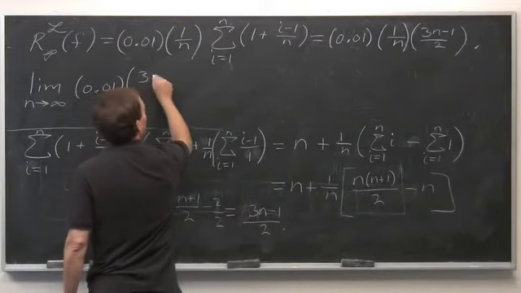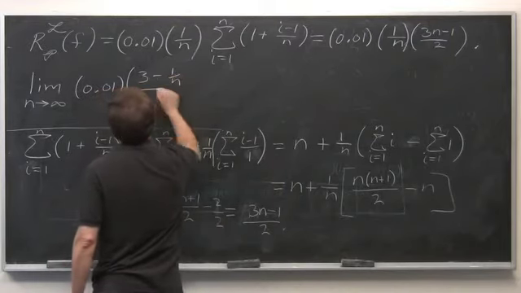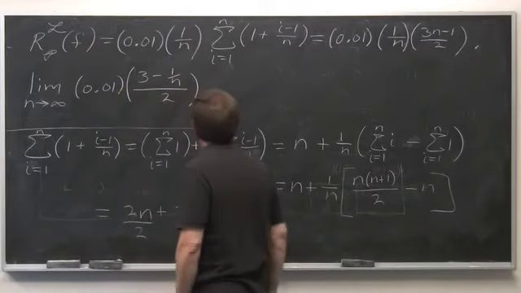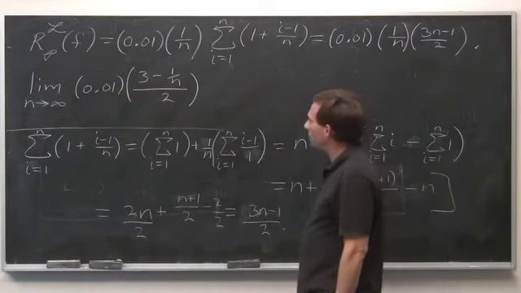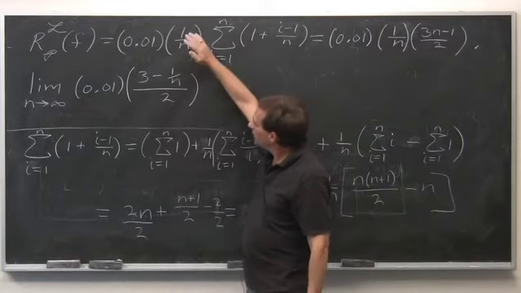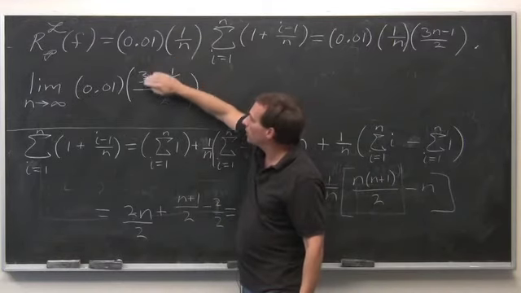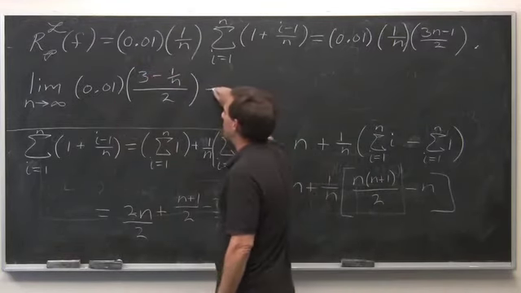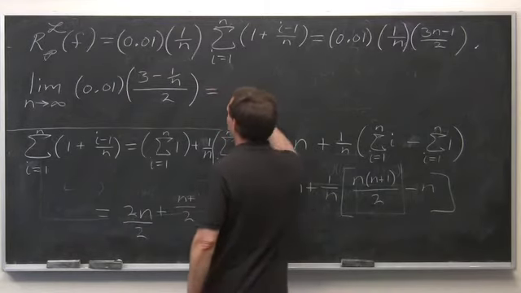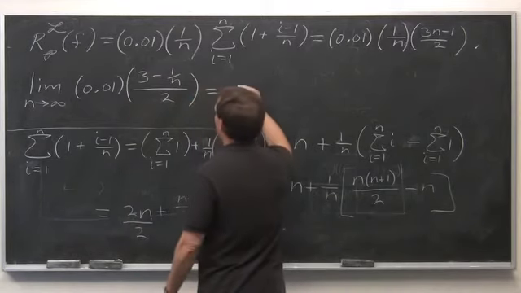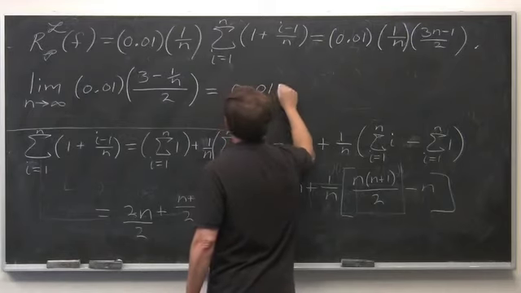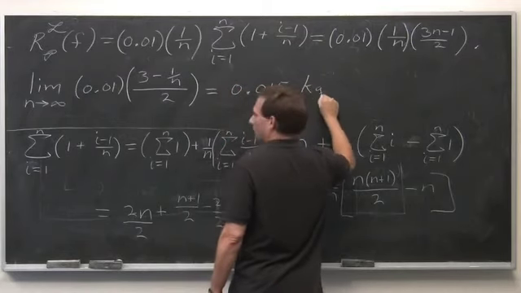We get a 3 minus 1 over n over 2. What happens as n goes to infinity? This part goes to 0, and we're left with 3 halves times that. So we get, this is 1.5, we get 0.015 kilograms.